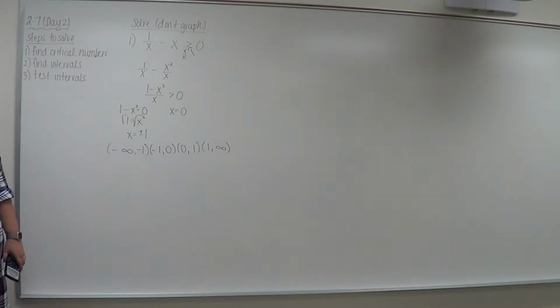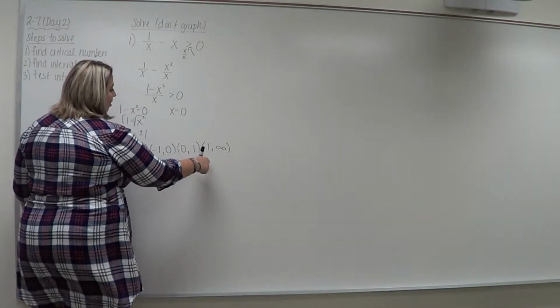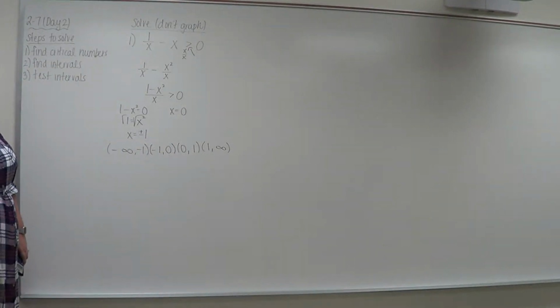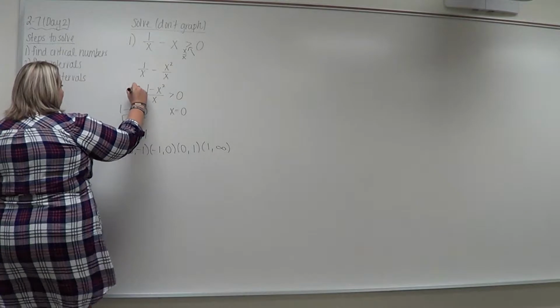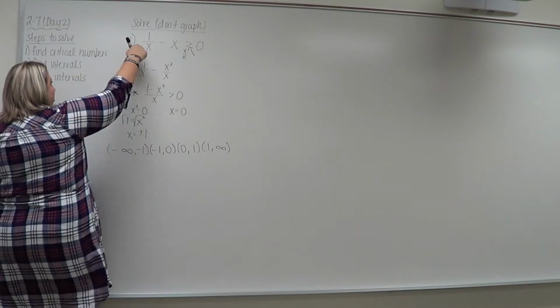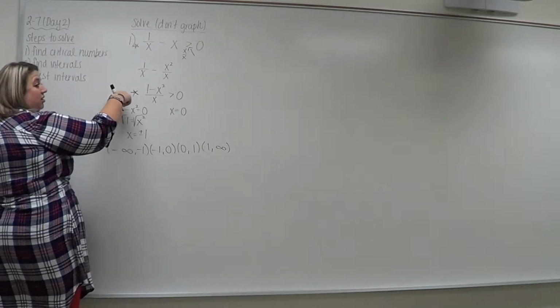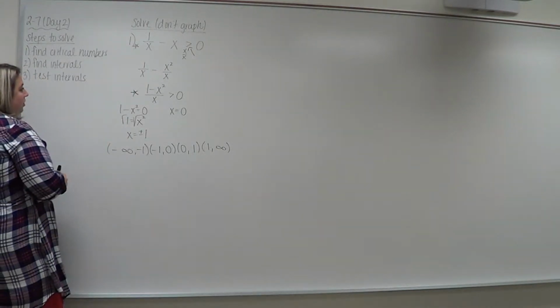Okay, and then just like what we did on Friday, you're going to pick numbers that fall in each interval, and then you're going to plug them in to see if they work. You have choices when you plug them in. You can plug them into the original, or you can plug them into the simplified one right here. Do you have a preference? No? Okay. What number are you going to plug in for the first one?